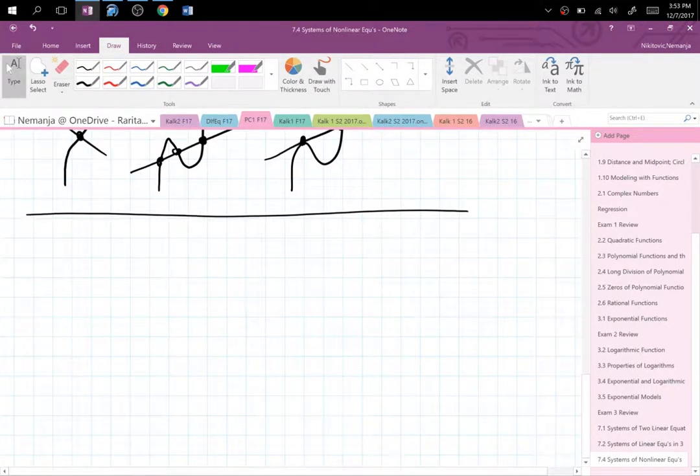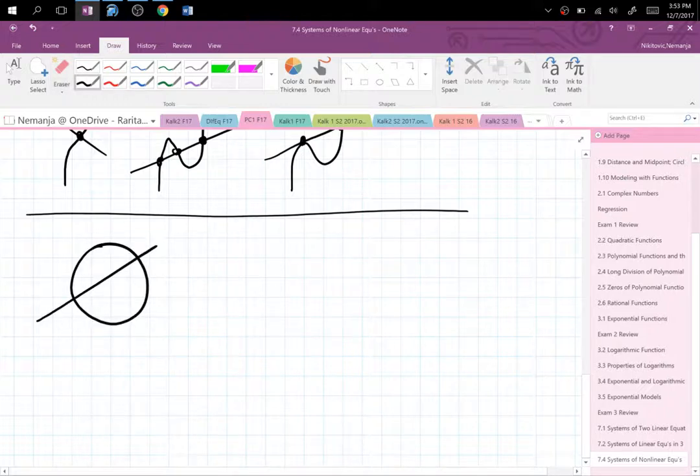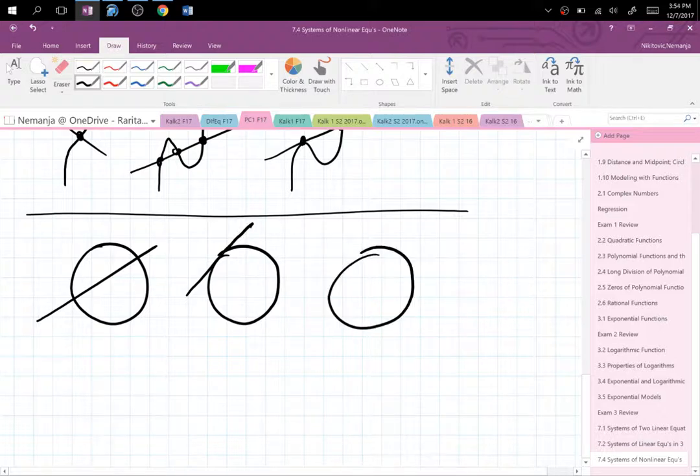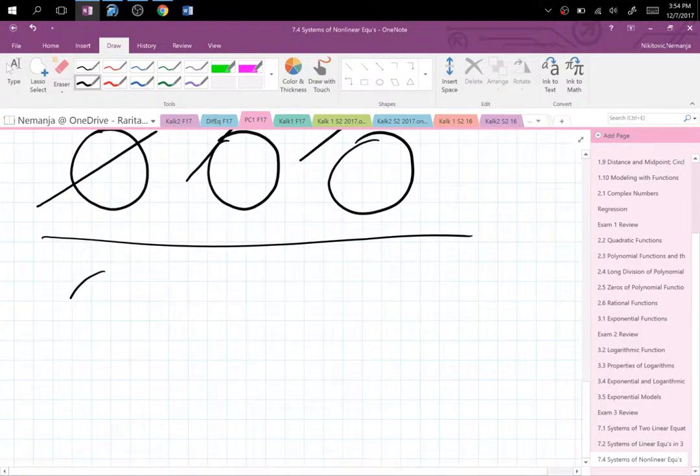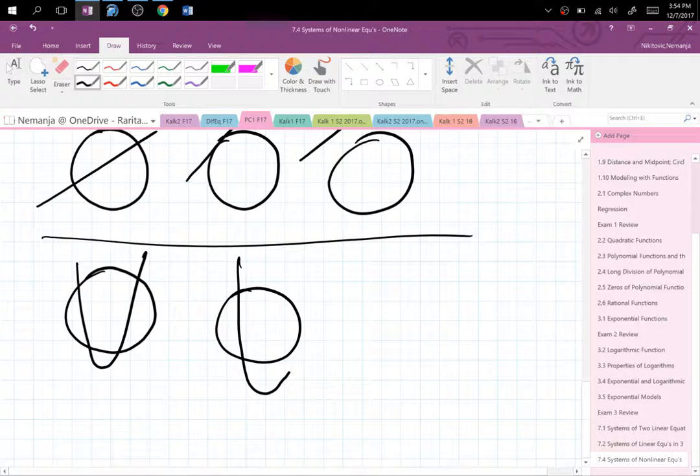You see, you can intersect a circle with a line at 2 points, at one point, or with the circle outside, right? So 2 solutions, 1 solution, and no solution. But then a circle intersected with a parabola, 4 solutions, right? I can make it into 3 solutions.